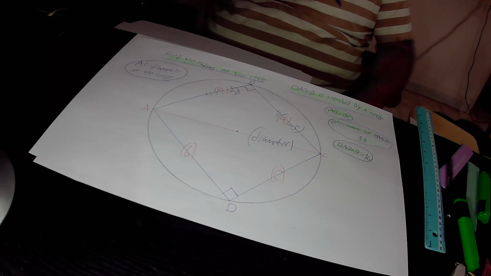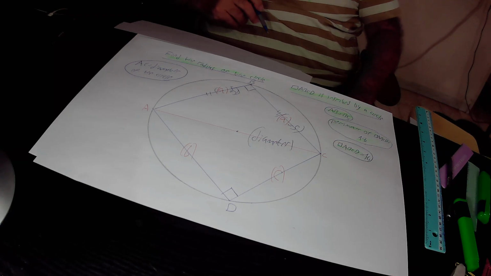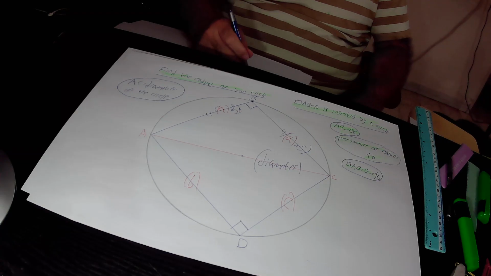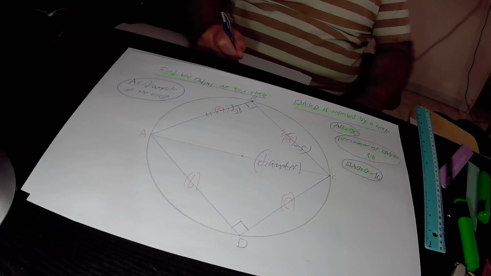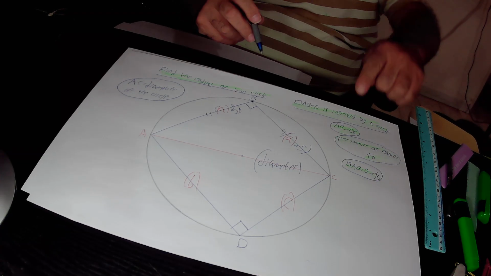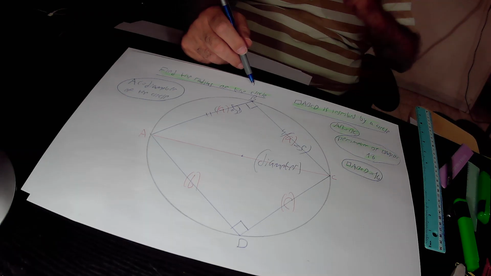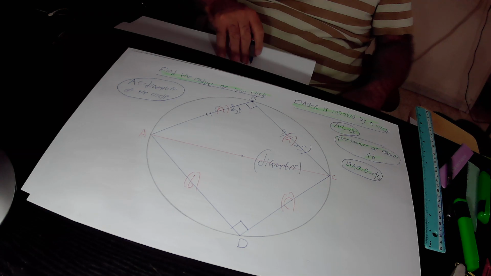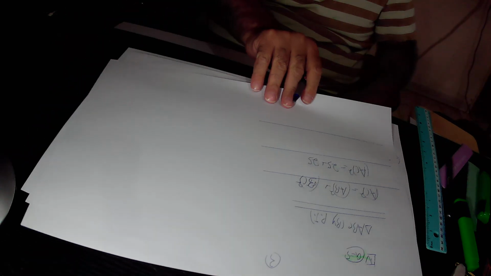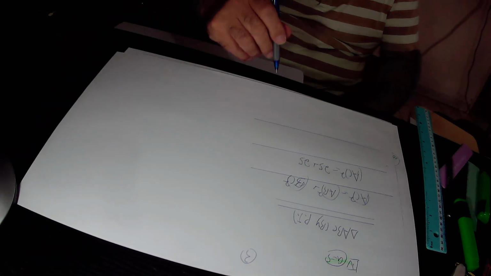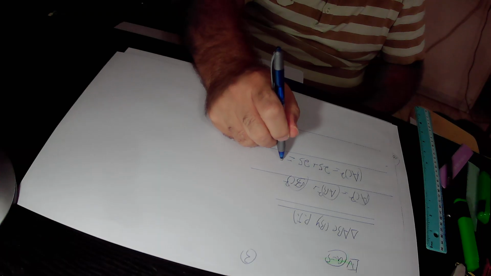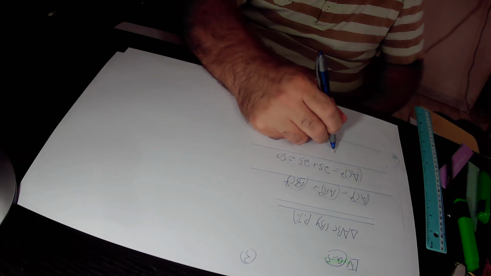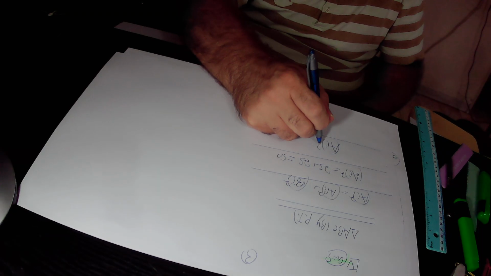AB is 5, therefore AB squared is 5 squared, that is 25. Plus BC squared. BC is also 5, so BC squared is 5 squared, that is 25. So in total, AC squared equals 25 plus 25, that is 50. So AC squared equals 50.